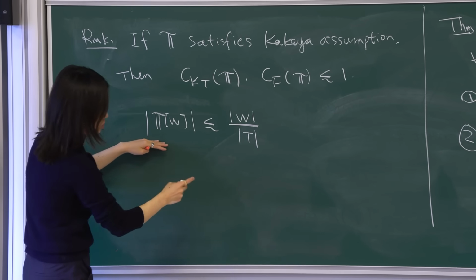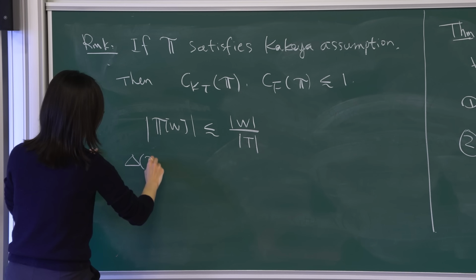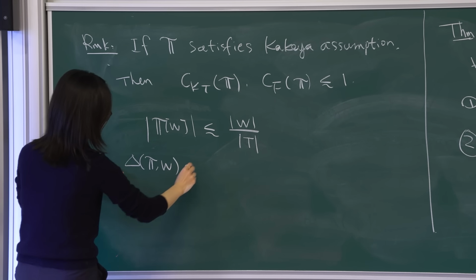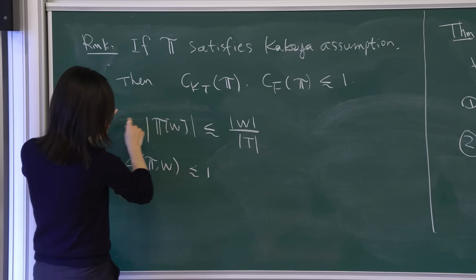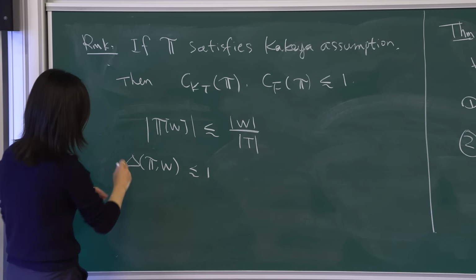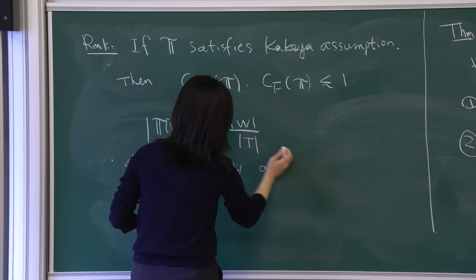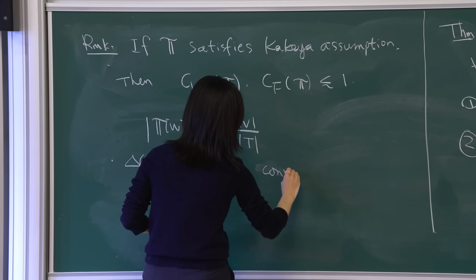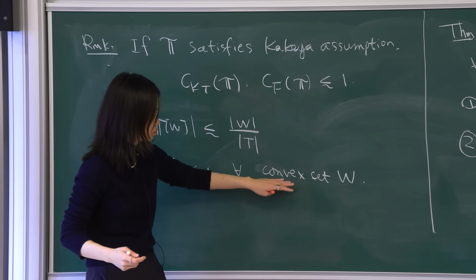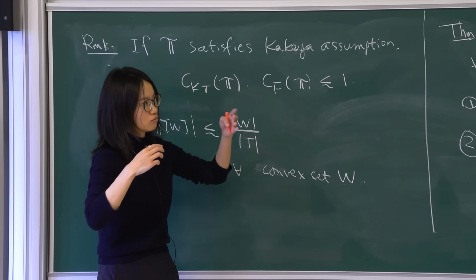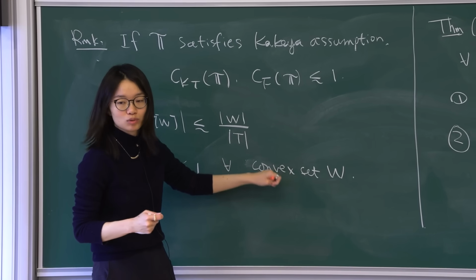Now we just plug in the definition. This is always less than or equal to 1, because it's just this times the volume of T divided by the volume of W, for any convex set W. By John's ellipsoid theorem, any convex set is roughly, up to doubling, an A times B times 1 box.